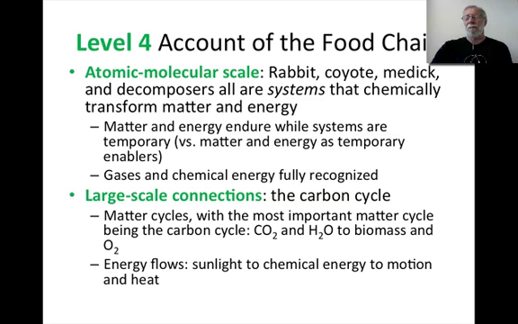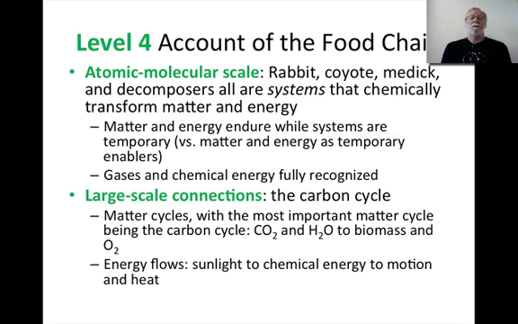Then finally, level 4. This is the level that we're aiming for. At this point, the students are able to trace matter and energy across scales. So at the atomic molecular scale, they see the rabbit and the coyote and the decomposers are all systems that chemically transform matter and energy. They see that matter and energy endure while systems are temporary, which is very different from the level 1 students.